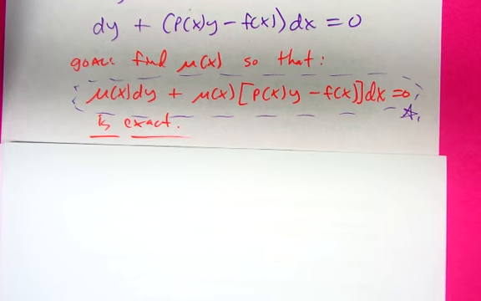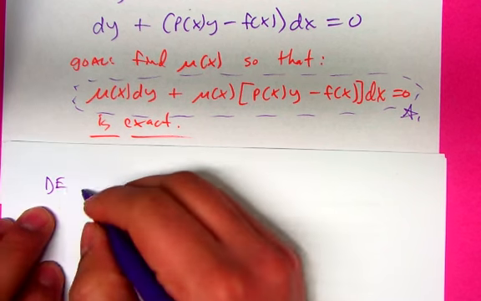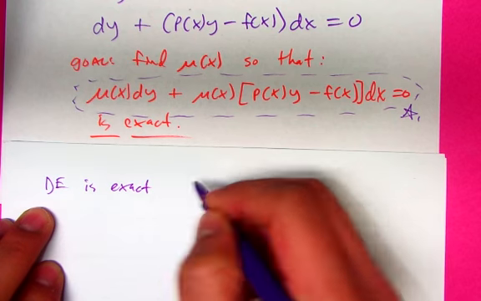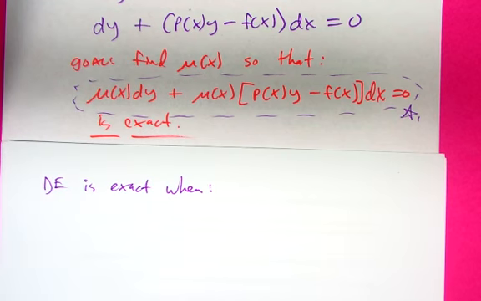Okay. Now, we know that the differential equation is exact when what? When partial N partial x is equal to partial M partial y. Right. Now, what is M here?